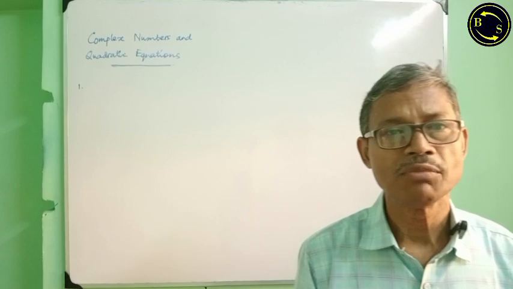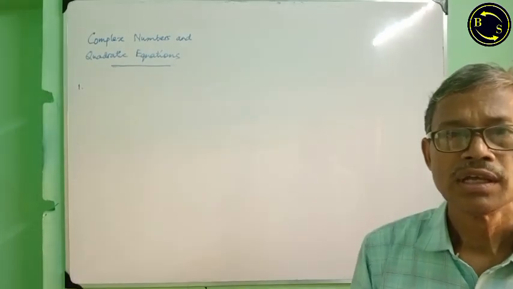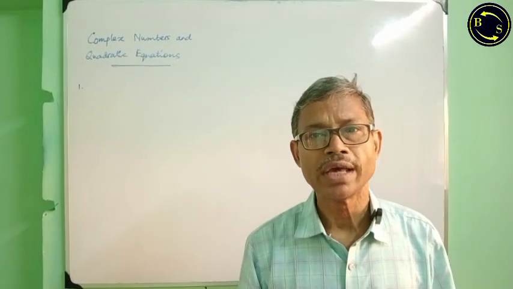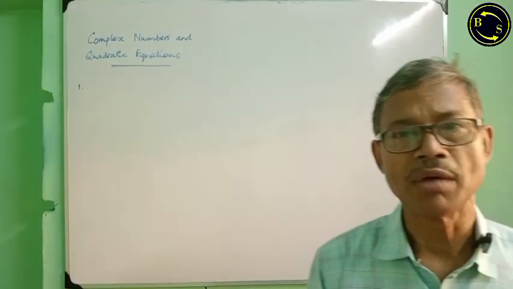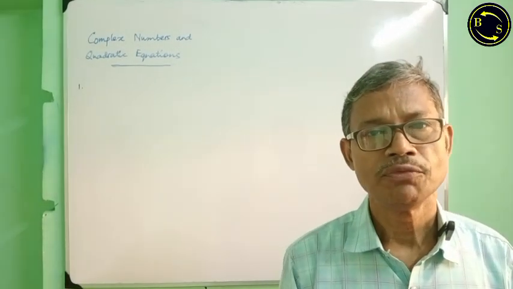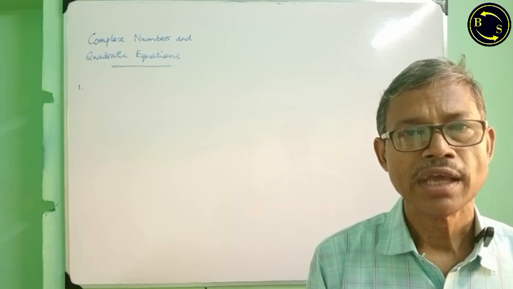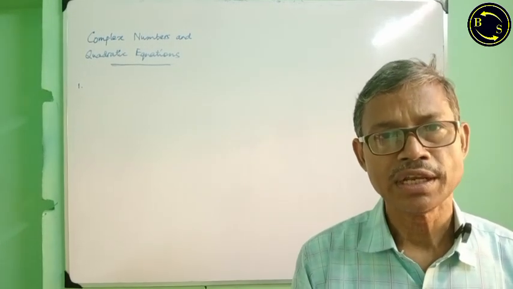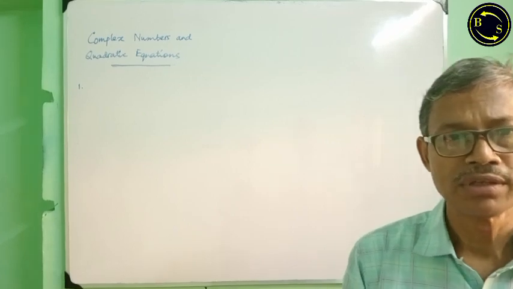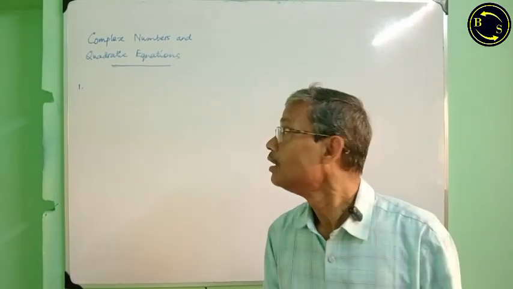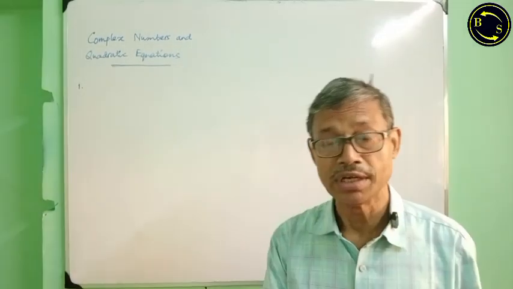We define imaginary number like this. If we square a number and the result obtained is a negative number, then that number is called imaginary number.